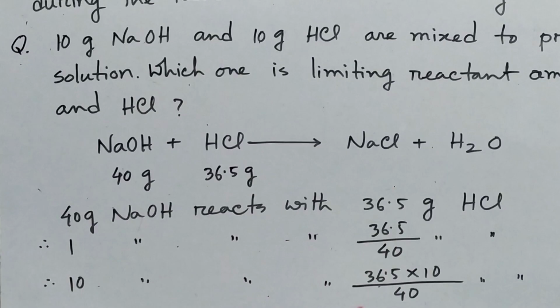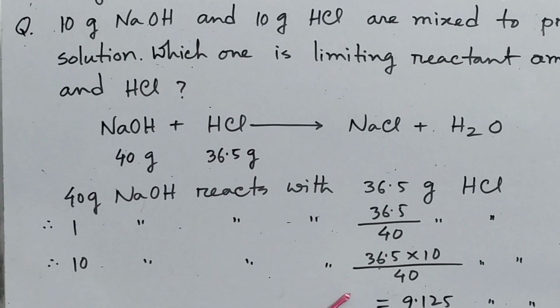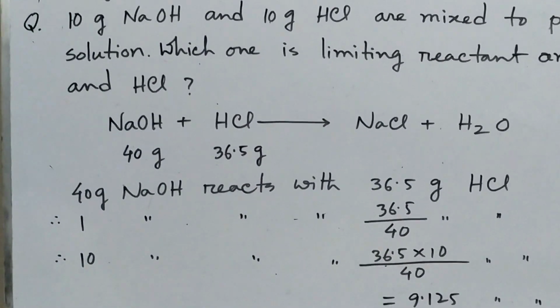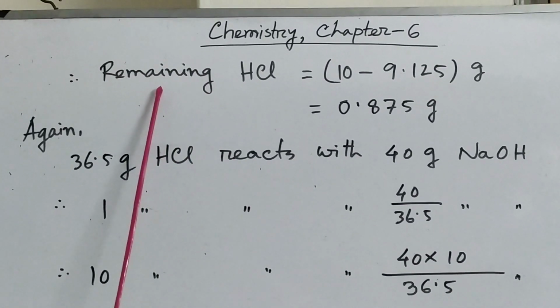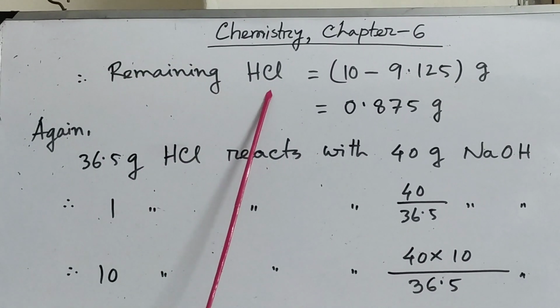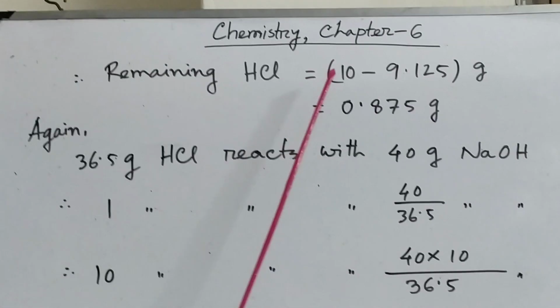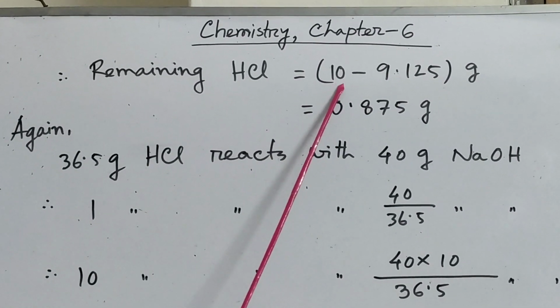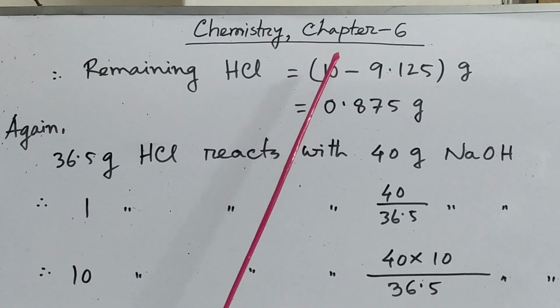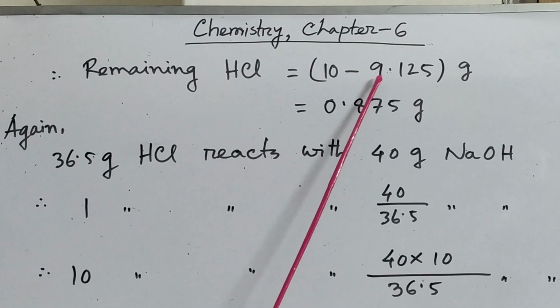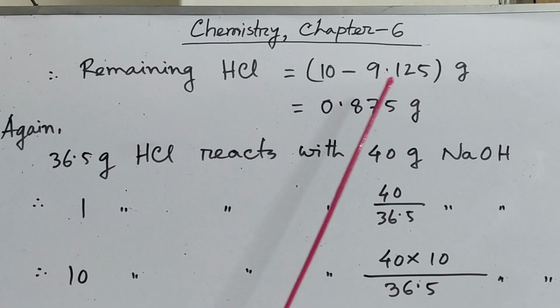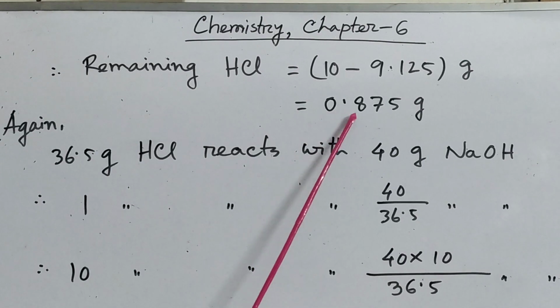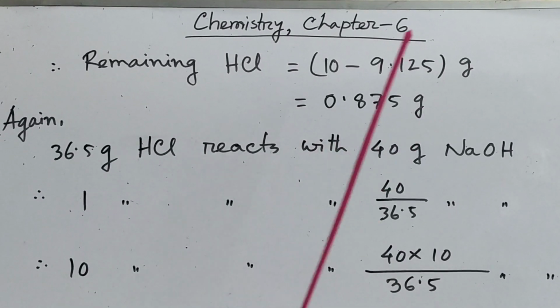So, hydrochloric acid will be remaining. Hydrochloric acid is given 10 gram in the reaction, but it is needed 9.125 gram. So, now what is remaining? 0.875 gram.